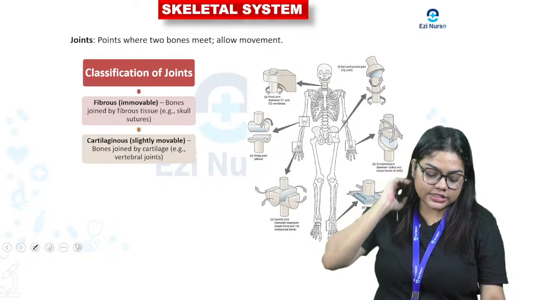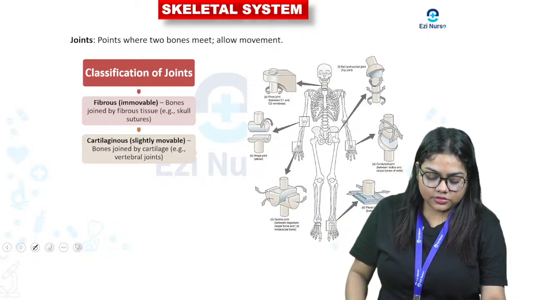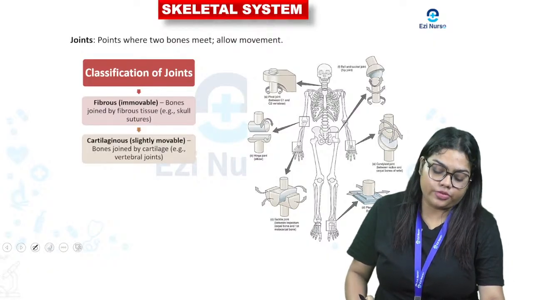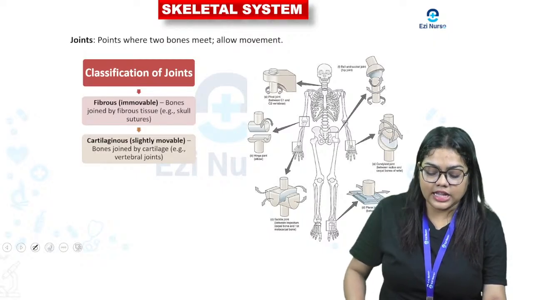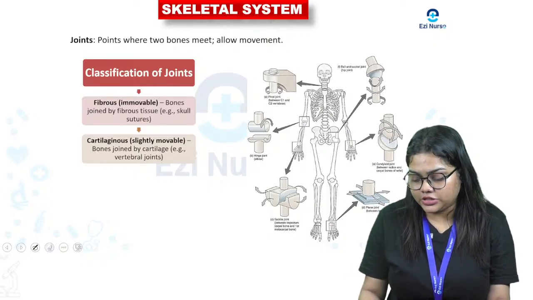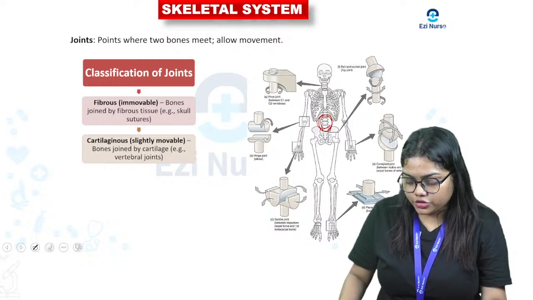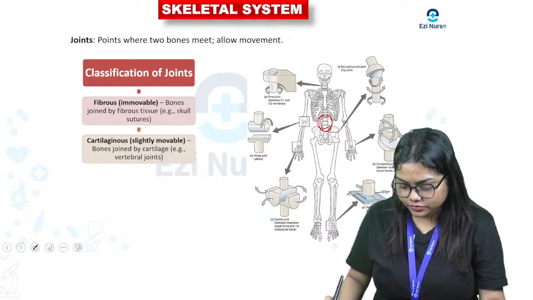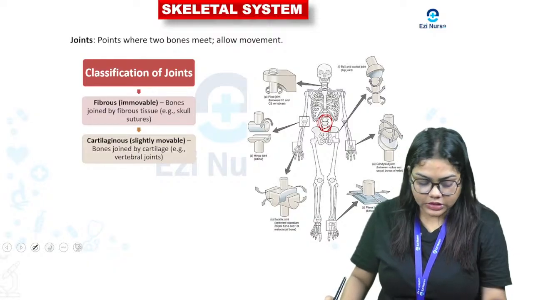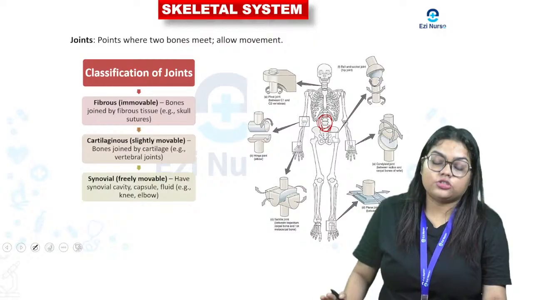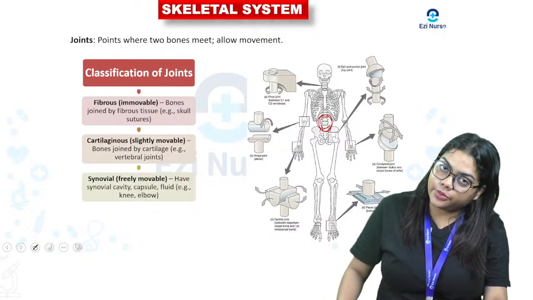Next are cartilaginous joints, which are slightly movable. For example, bones joined by cartilage, such as the vertebral joints. See, these are the vertebral joints. Next are synovial joints, which are freely movable joints.